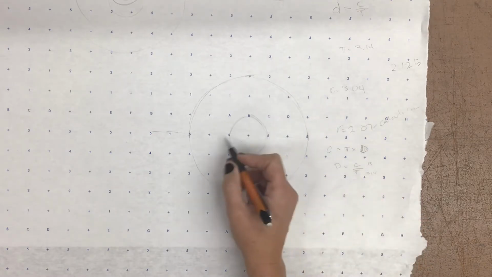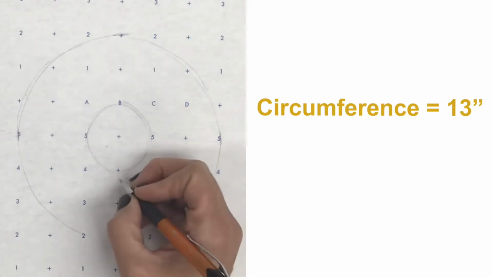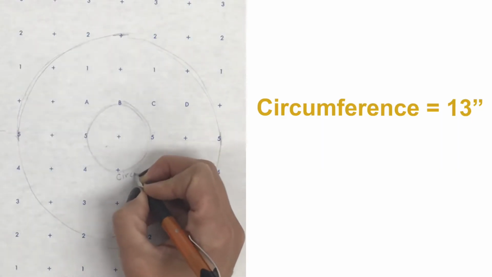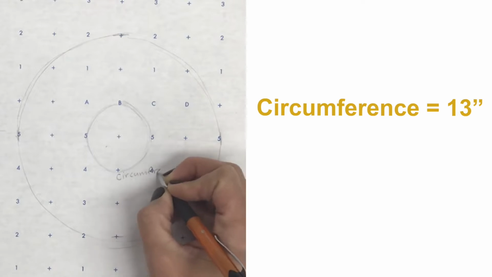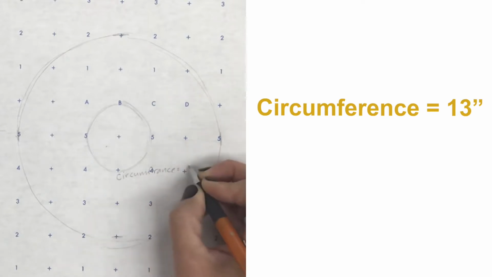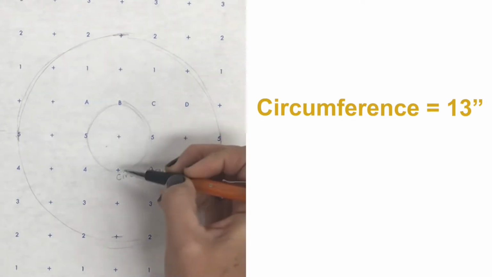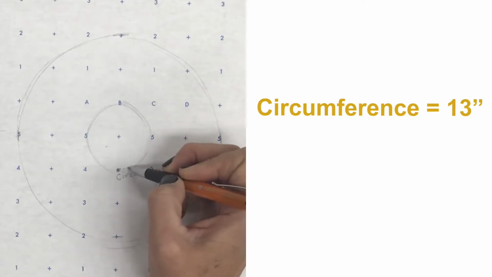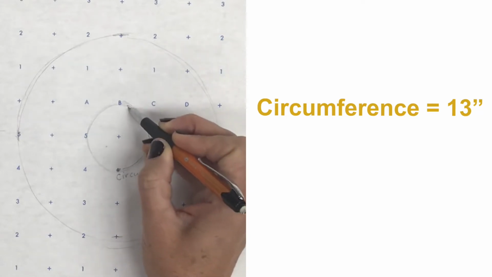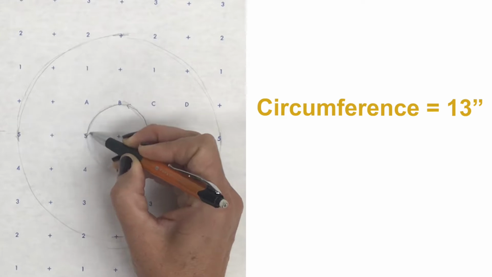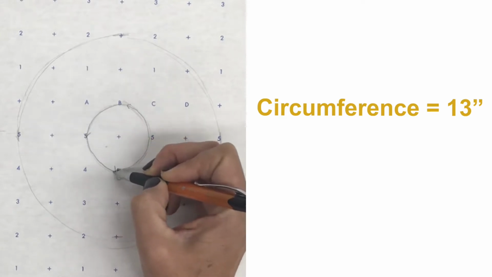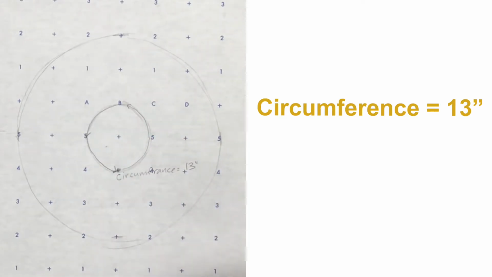So my circumference equals 13 inches. When I'm done, from this starting point all the way around here, that better be 13 inches long so that it fits around the waist, okay?